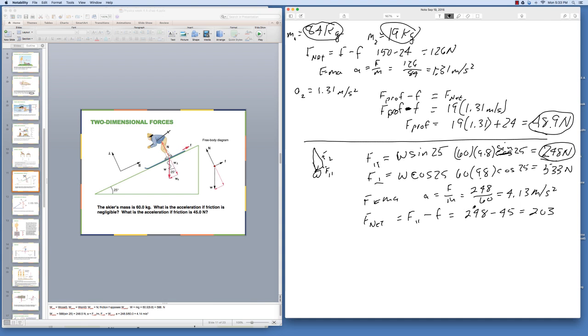And then you do this again, except now you have 203 divided by 60, and that's going to equal 3.38 meters per second squared. So here you have a problem where you have the forces divided into their x and y components.